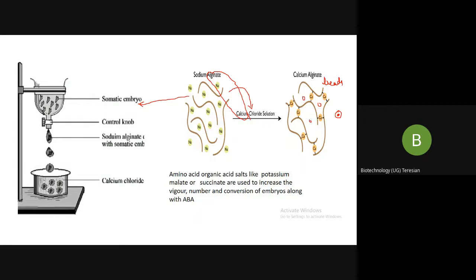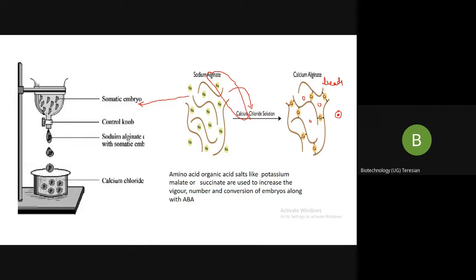Desiccated embryos, you have to remember, have poor conversion, while hydrated encapsulated somatic embryos have a higher conversion frequency. What do I mean by this? Poor conversion and higher conversion frequency mean how well they can develop into a whole plant.